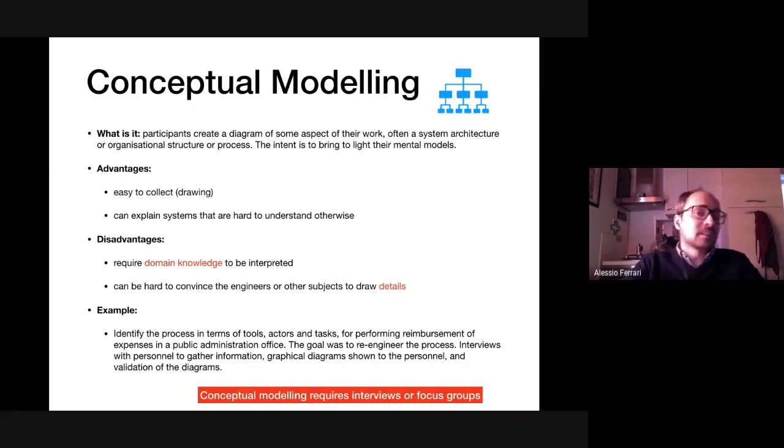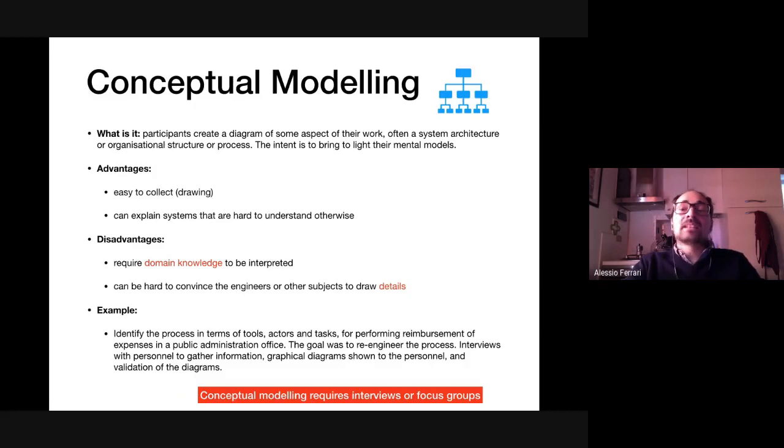The system architecture can be expressed just with a picture. System design, the same. And sometimes also relationships are easier to represent when you build up a diagram. And developers are in general quite used to doing diagrams.